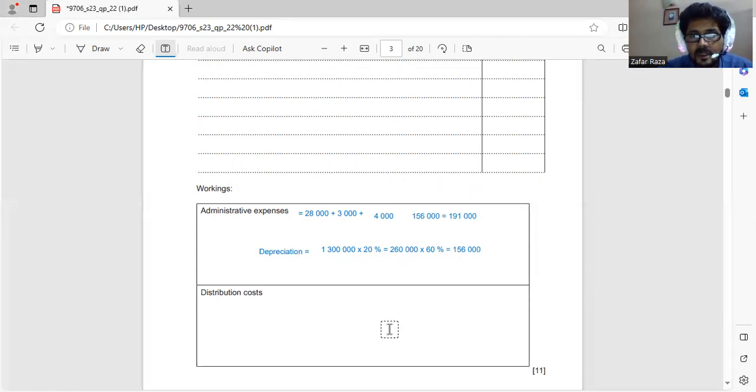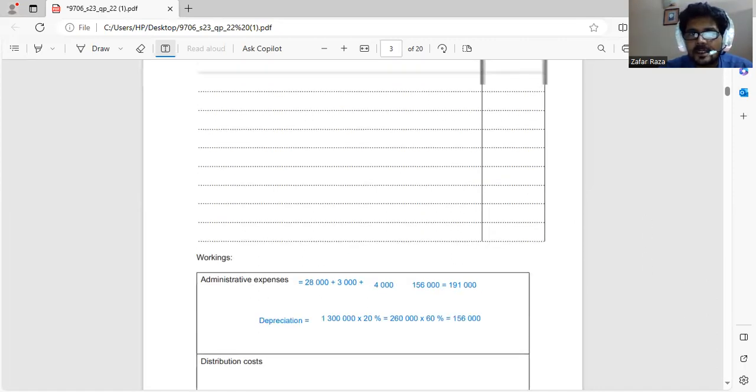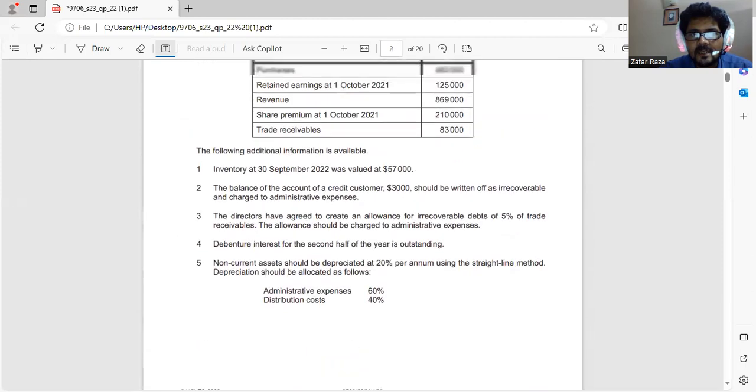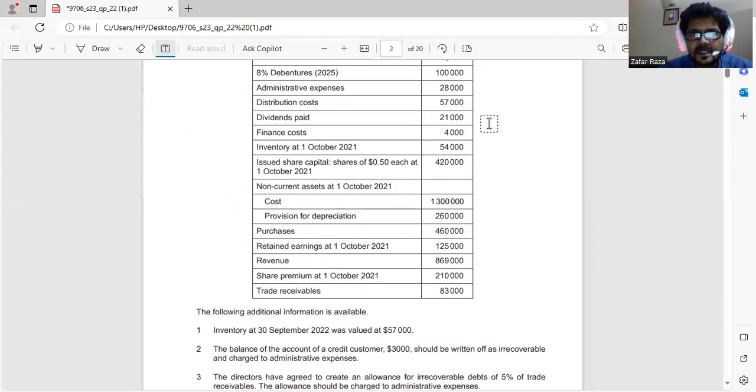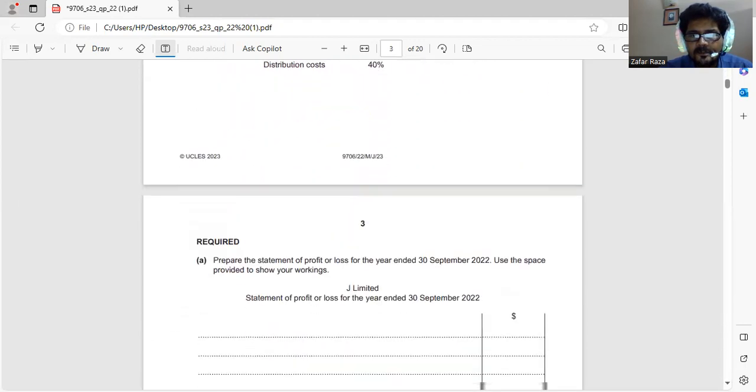Now, what about distribution cost? Let's see how much distribution cost is already given to us in the trial balance. Distribution cost is 57,000 and we have to add 40% of depreciation over here.